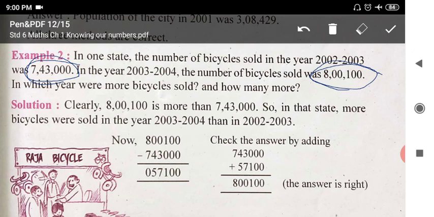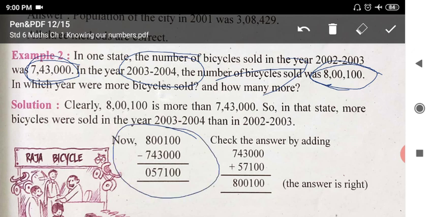The first digit in the first case is 7, in the second case 8. So it is clear that in 2003-2004 the number of bicycles sold was more. Now how many more, that we want to find. For that we have to subtract the smaller number from the greater number.